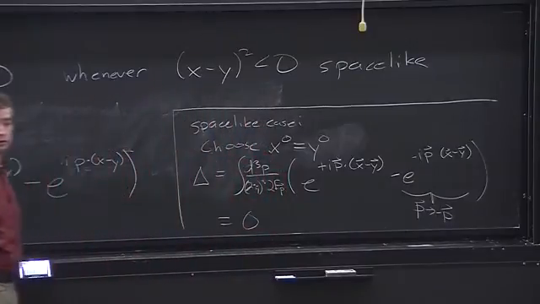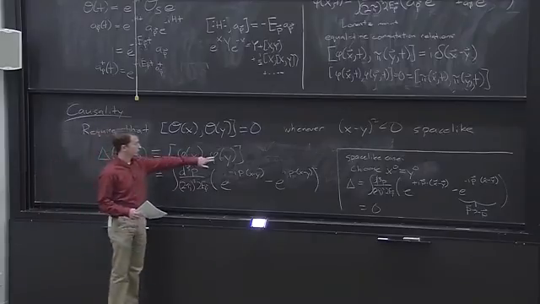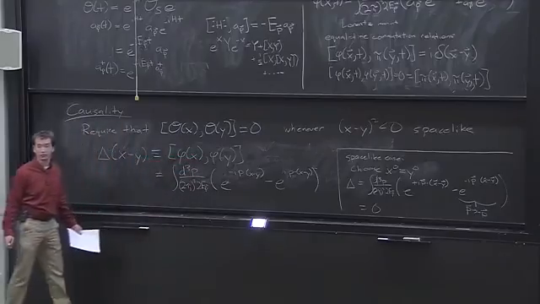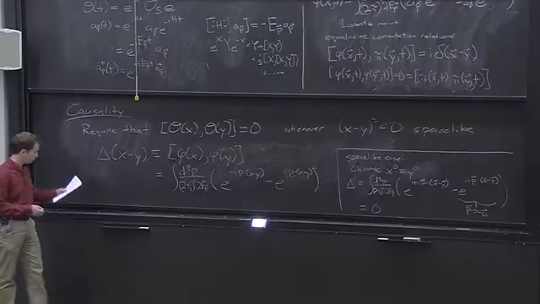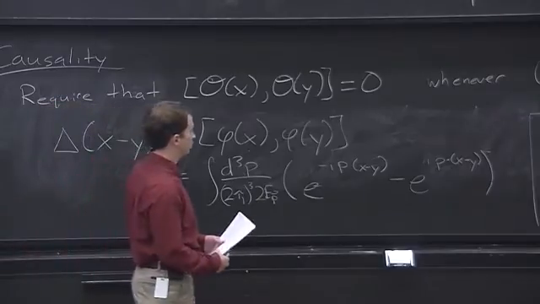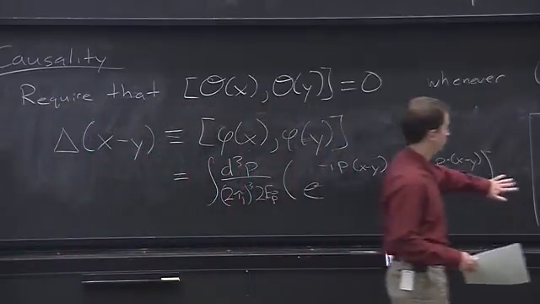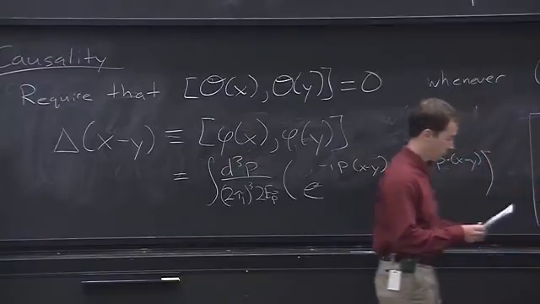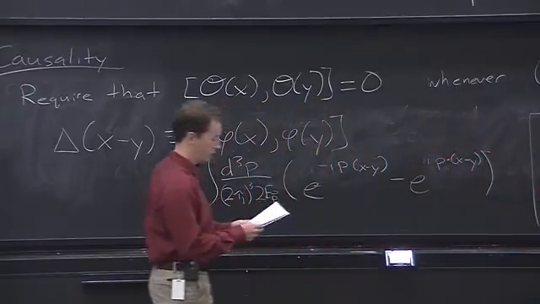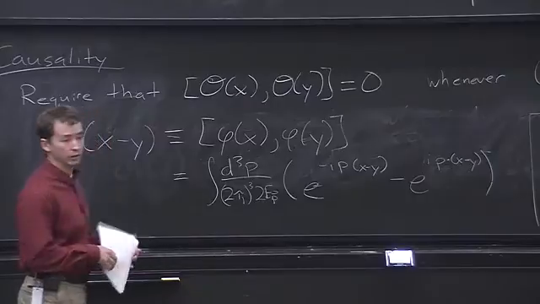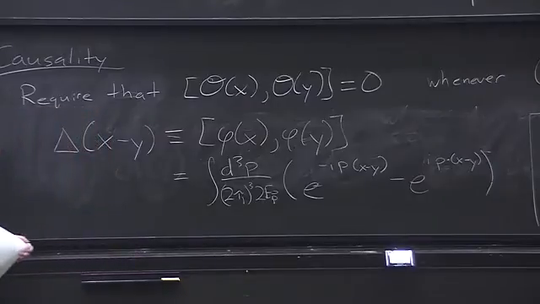So that's good. These operators commute as long as x and y are spacelike. This argument doesn't work, though, if x and y are timelike. And I'll fill that argument in a bit more in a few minutes.